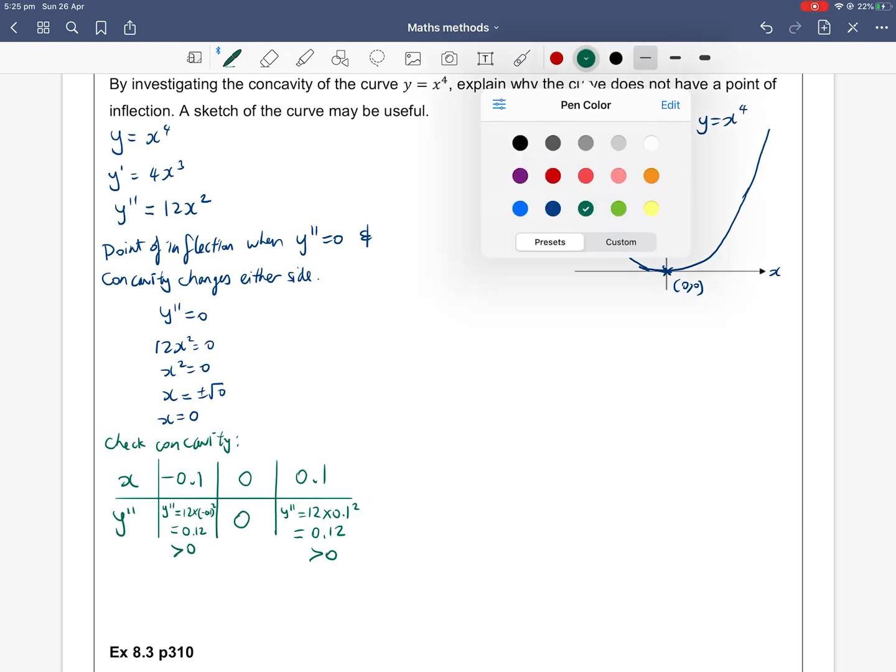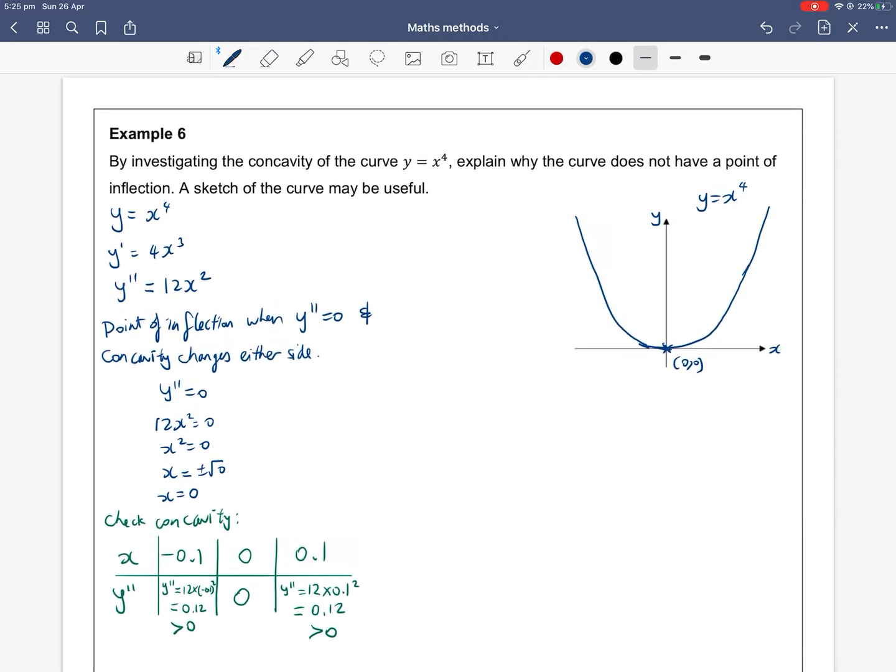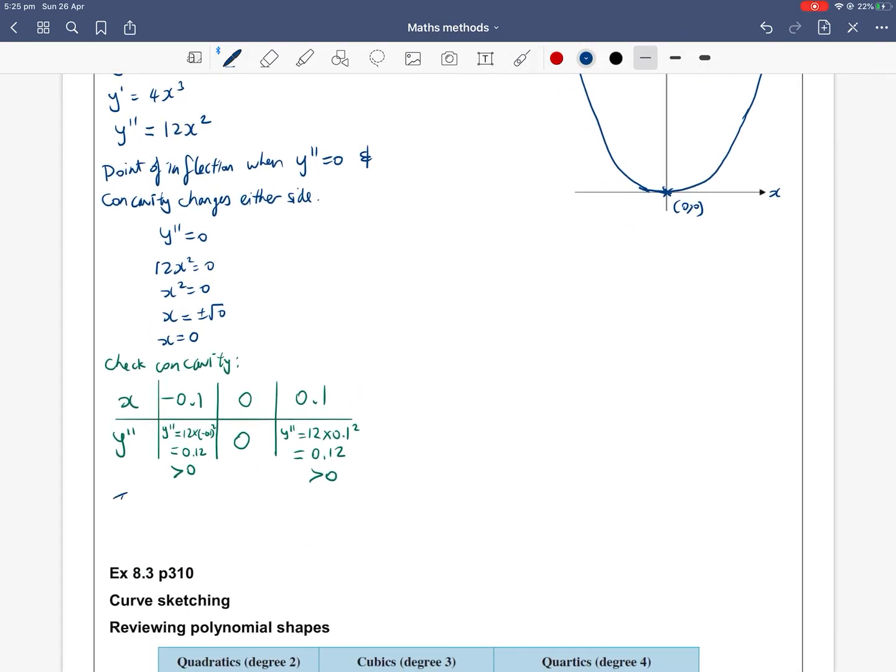So we would write that the second derivative does not change signs on either side of x equals 0.